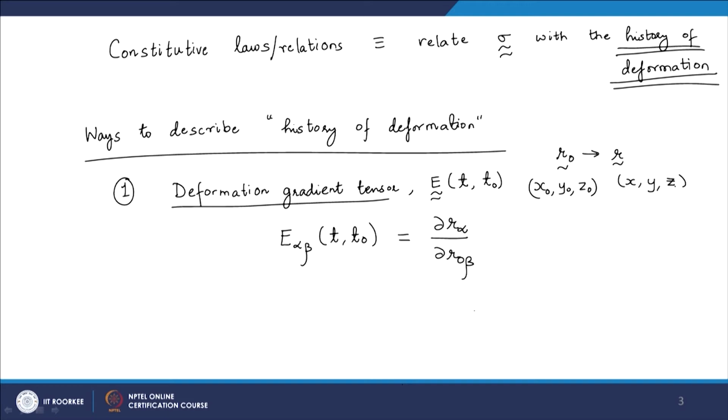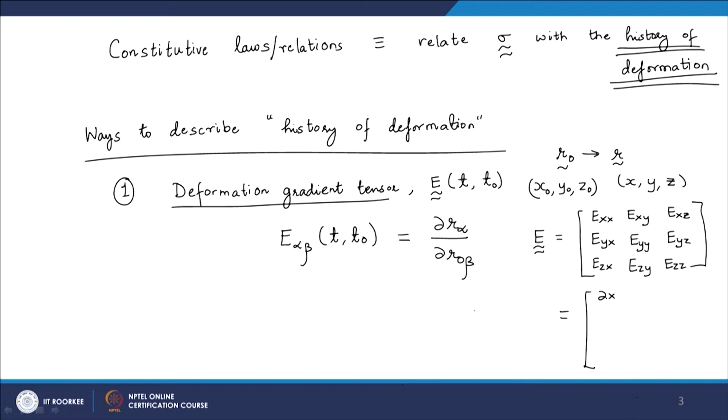Then E would be a tensor which will have components Exx, Exy, Exz, Eyx, Eyy, Eyz, Ezx, Ezy, Ezz.